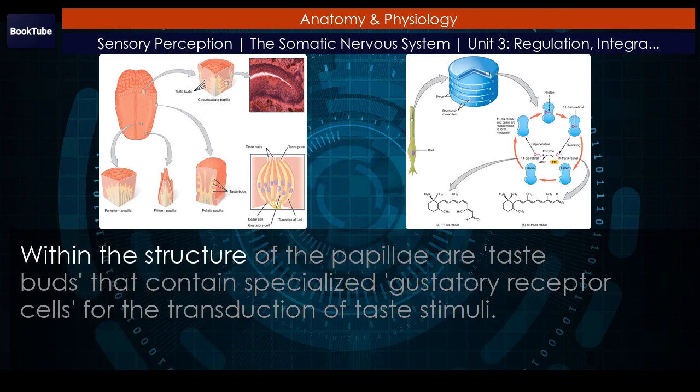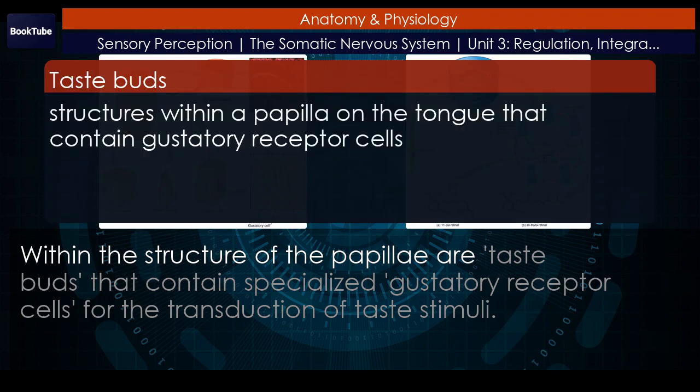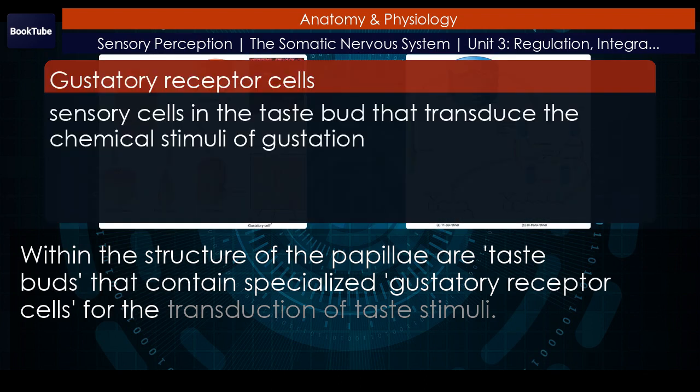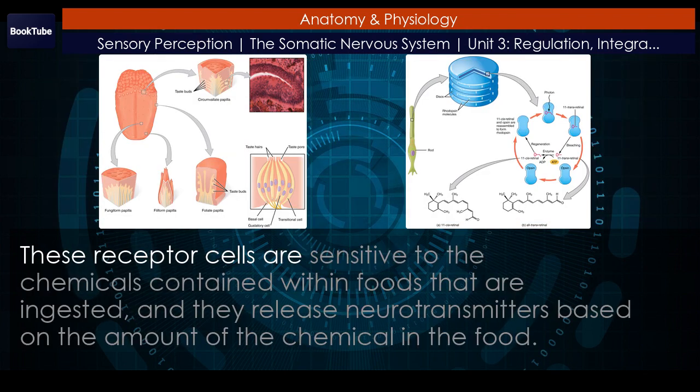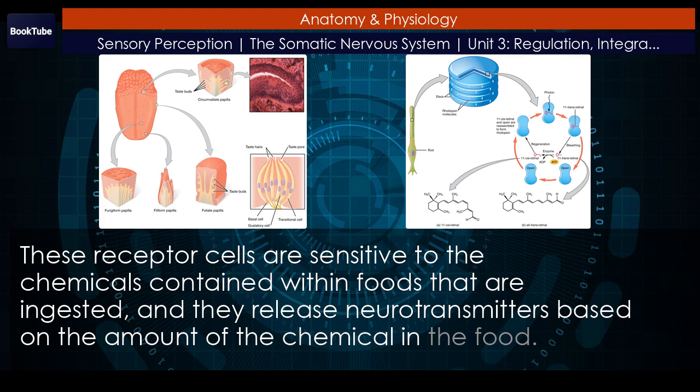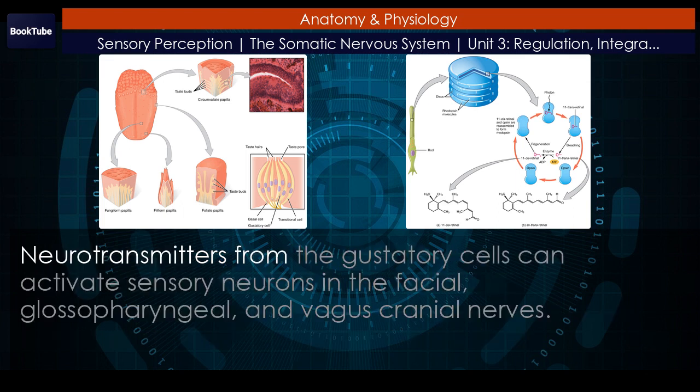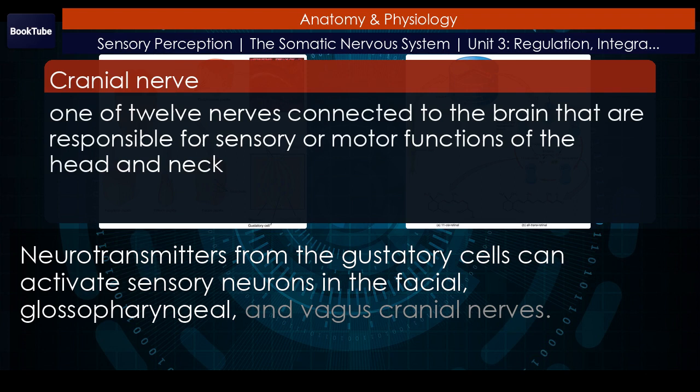Within the structure of the papillae are taste buds that contain specialized gustatory receptor cells for the transduction of taste stimuli. These receptor cells are sensitive to the chemicals contained within foods that are ingested, and they release neurotransmitters based on the amount of the chemical in the food. Neurotransmitters from the gustatory cells can activate sensory neurons in the facial, glossopharyngeal, and vagus cranial nerves.